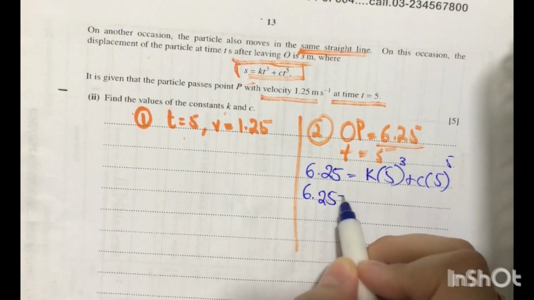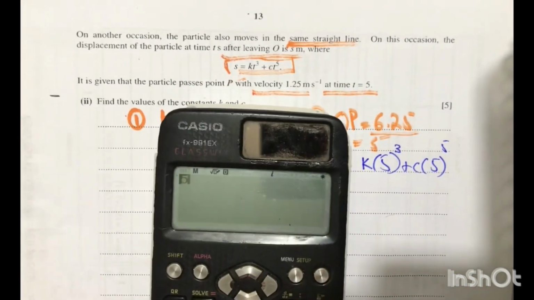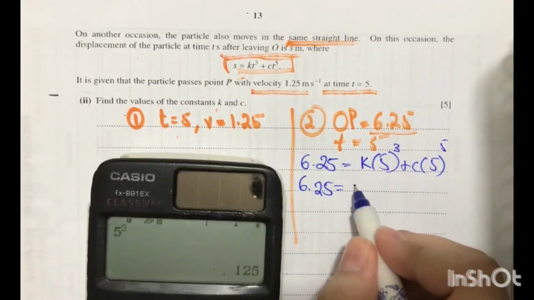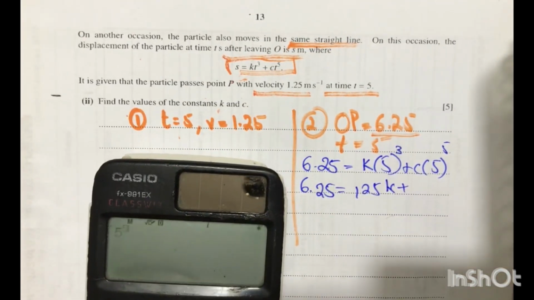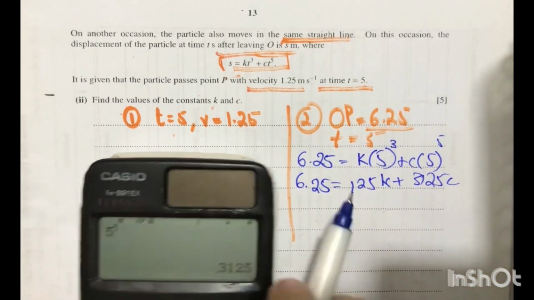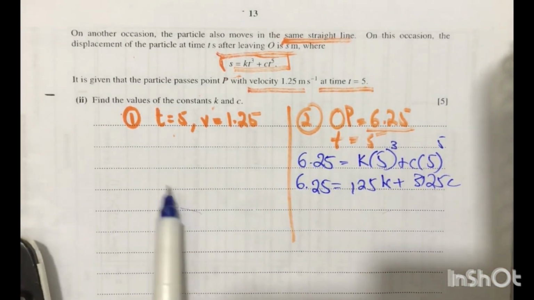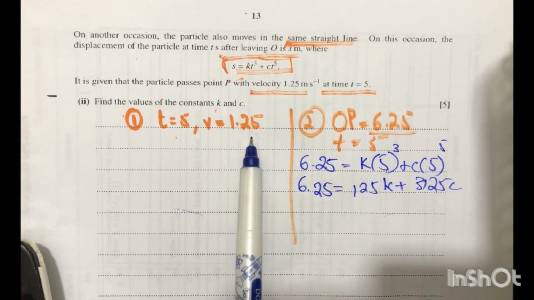So 6.25 is equals to 125k plus 3125c. And then in this part, we know that t is equal to 5 and velocity is 1.25.